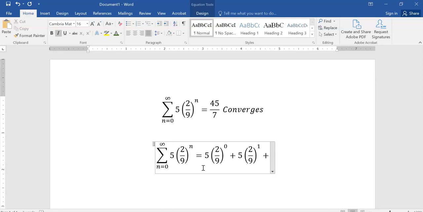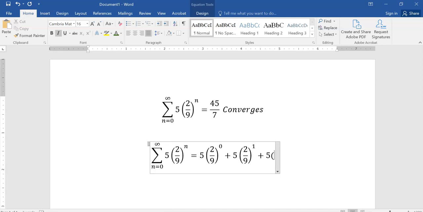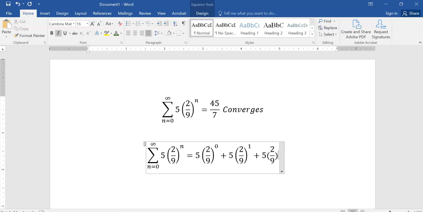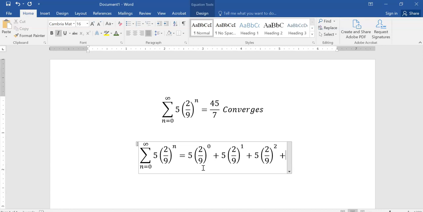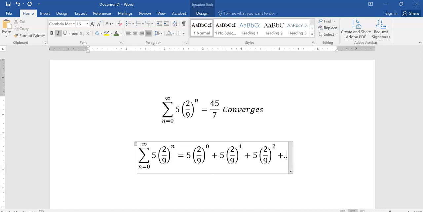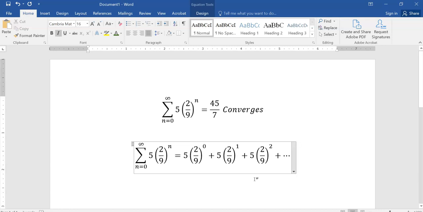And then we add 5 times 2 ninths to the second power, and so on and so forth until we go out to infinity. Well, what if I truncate these terms and sum those out to infinity? It's pretty clear that this is the sum of 5 times 2 ninths to the nth from 1 to infinity.